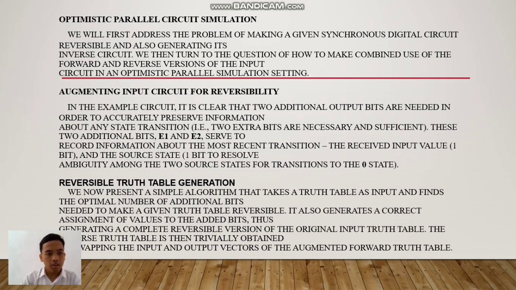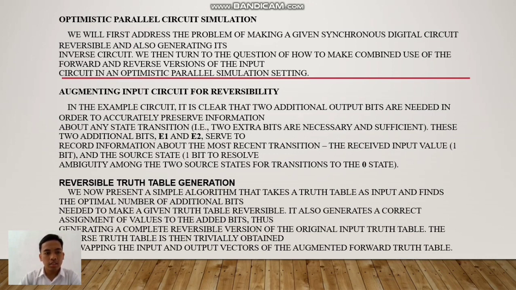Number two, augmenting input circuits for reversibility. In the exemplar circuit, it is clear that two additional output bits are needed in order to accurately preserve information about any state transition.